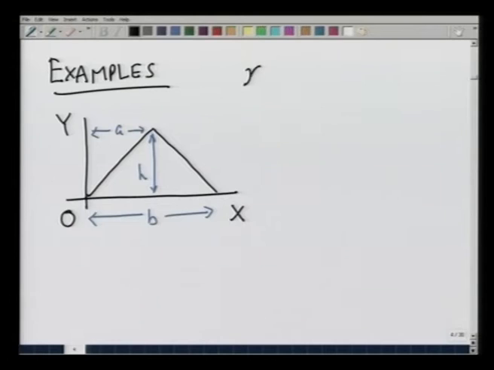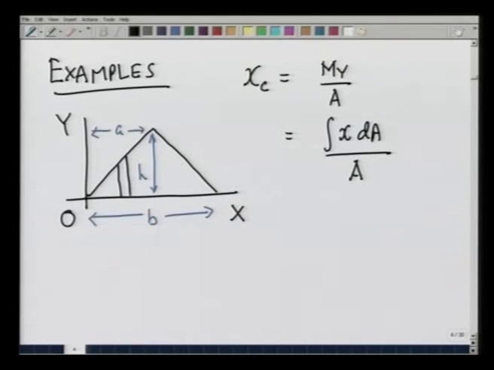Let us first calculate x c, which is related to m y divided by the total area, which is equal to integration x dA over the total area. To calculate x dA, or the moment about the y axis, let me take a small area dA like this parallel to the y axis. This distance I will take to be dx.